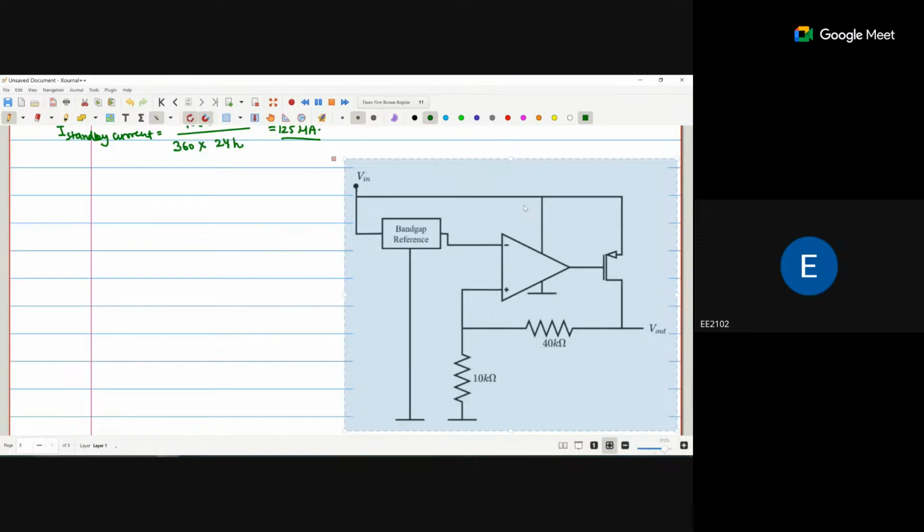Now we required 20 millivolt per volt here.